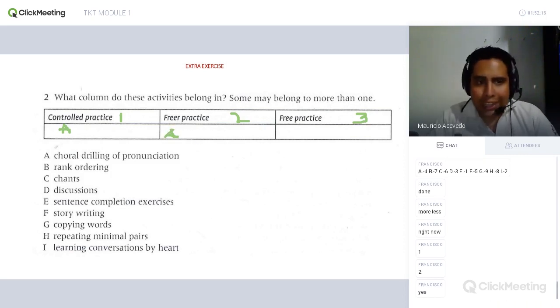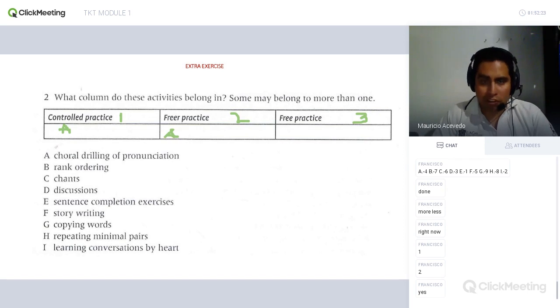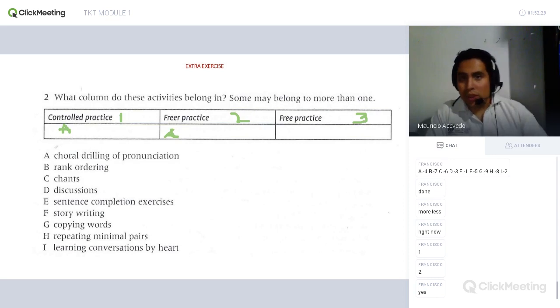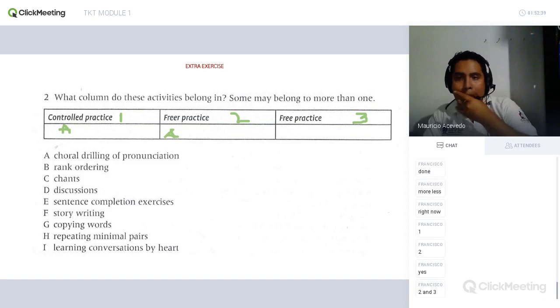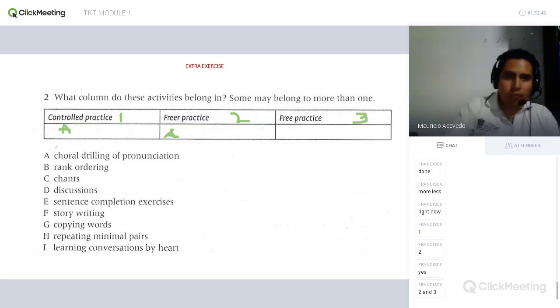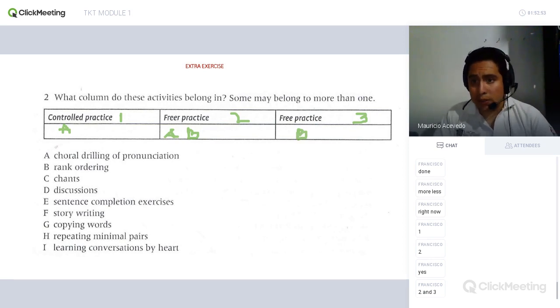Okay. Rank ordering. To give the things in order. Controlled practice, freer practice, or free practice? What do you think, Francisco? Rank ordering. Okay, so here I'm going to write B and B. Letter C, chants, songs.